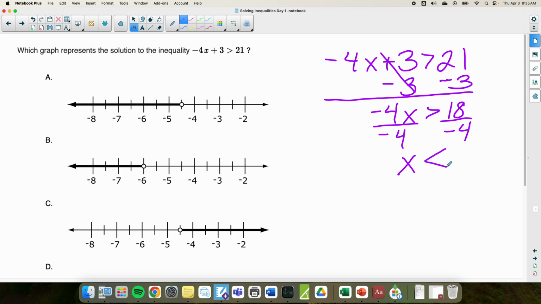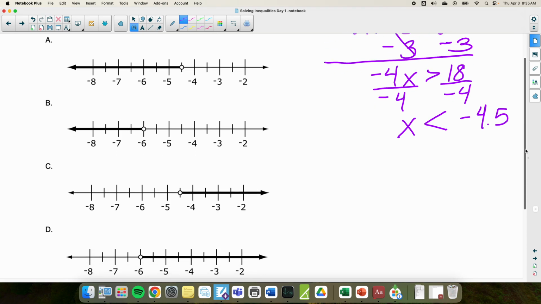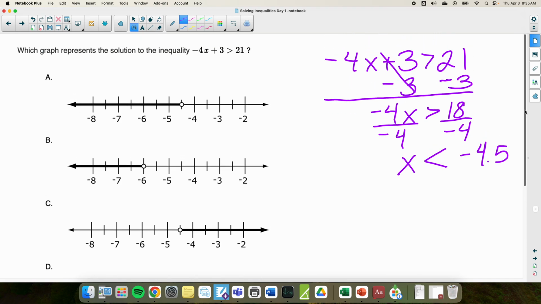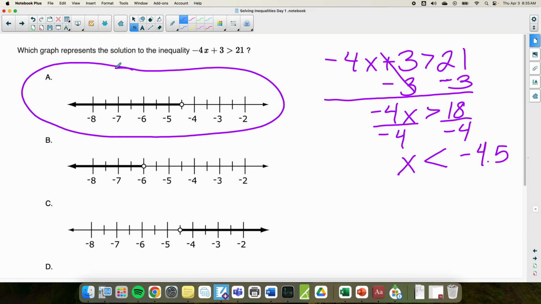And 18 divided by a negative 4 is going to be negative 4.5, I believe. Okay? So then we just have to check which one of these has an open circle at negative 4.5 and is shaded. If it's less than, we want it shaded to the left. So which one would be our answer? A. Yep. Shaded to the left. And it's at negative 4.5, so that would be our answer.